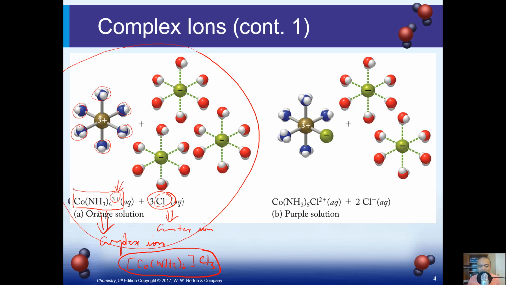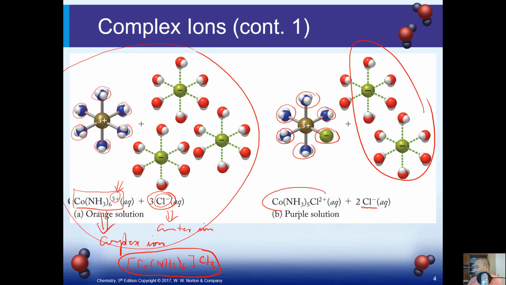For the example on the right side, out of the 6 ligands, 5 of them are ammonia molecules, and the other one left is the chloride ion. To balance the electrical charge, we have 2 chloride ions. So in this case, this will be the complex ion.